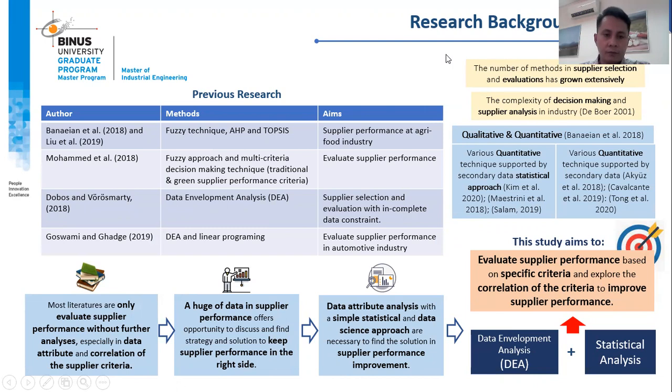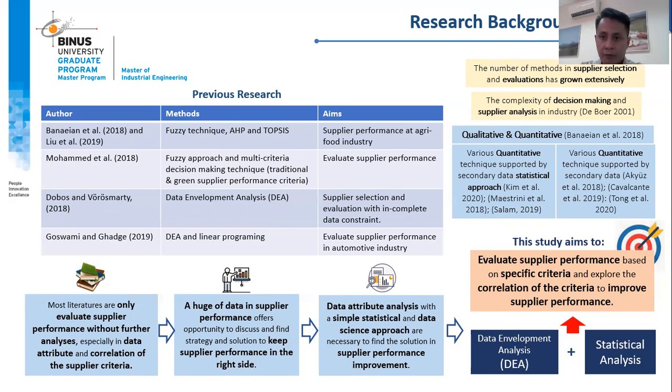We studied some previous research, for example, research by Banayan et al. 2018 and Liu et al. 2019 that used fuzzy methods, analytical hierarchy process and TOPSIS, aiming at supplier performance in the agri-food industry, and then some previous research from Hamed et al., Dobos, Foros, Murty, and Goswami and Gage.